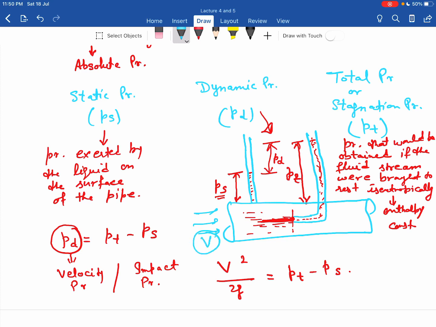So V squared divided by 2G is equal to PD, and this is equal to PT minus PS. Now this relation we use for determining the velocity of a layer within a pipeline.